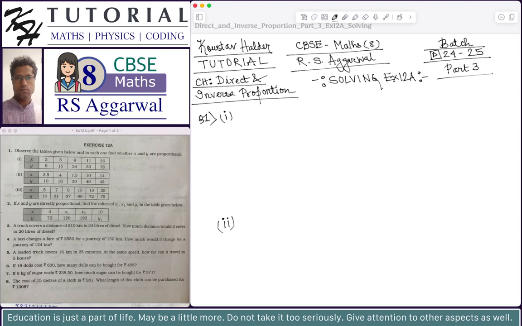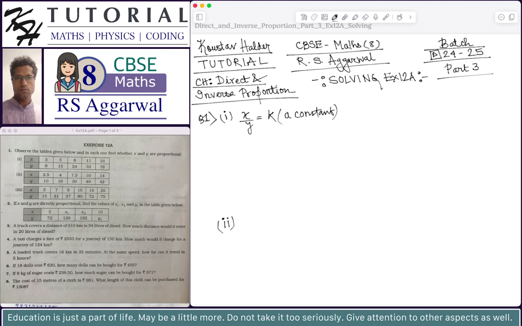So x by y should be a constant, which is known as the constant of proportion or variation. So for all the corresponding values of x and y, their ratio must be the same constant.